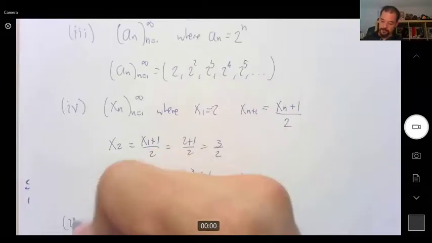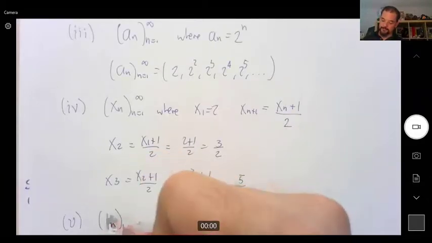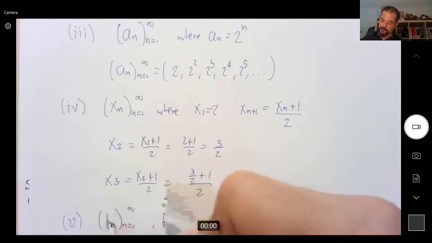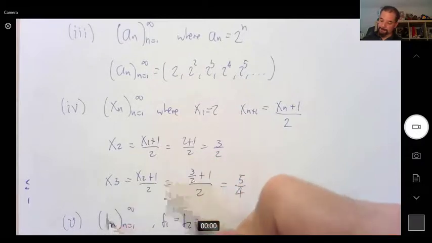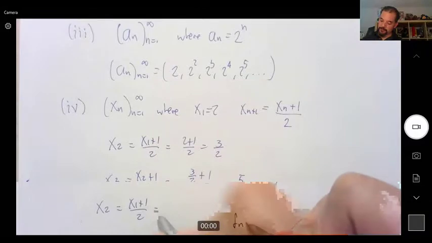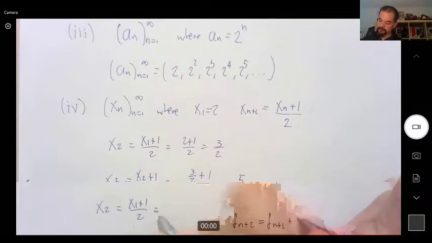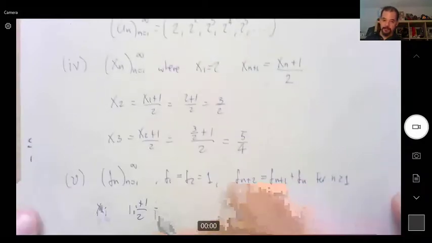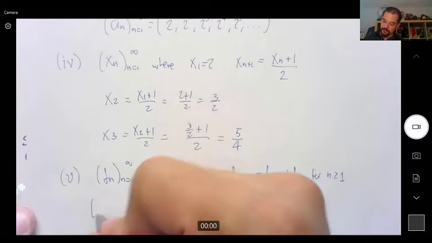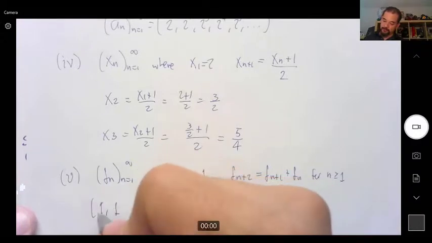Can't resist putting it here. So F_n, where F_1 and F_2 are 1. And then you get F_(n+2) by adding F_(n+1) and F_n, for n greater than or equal to 1, right?